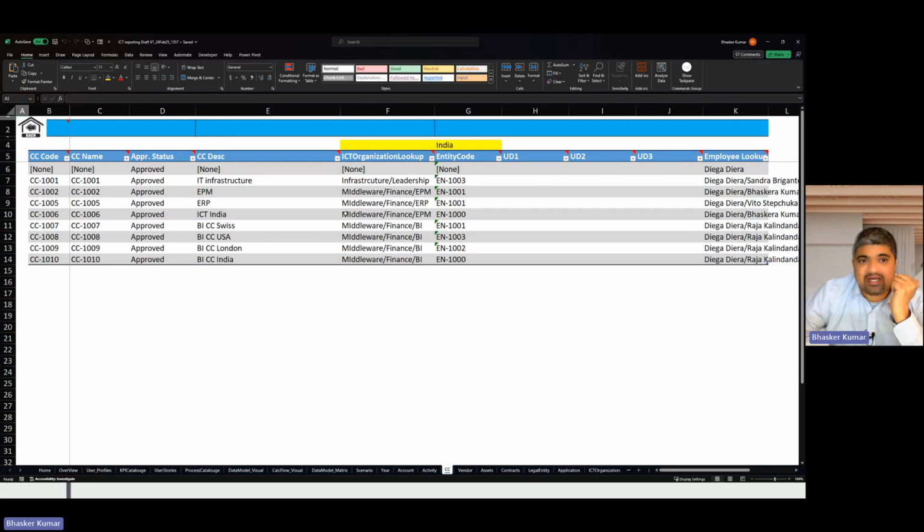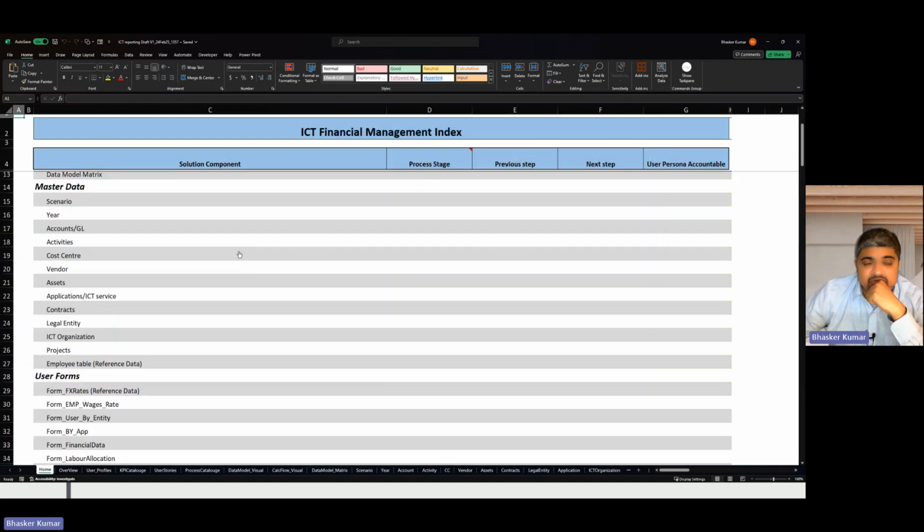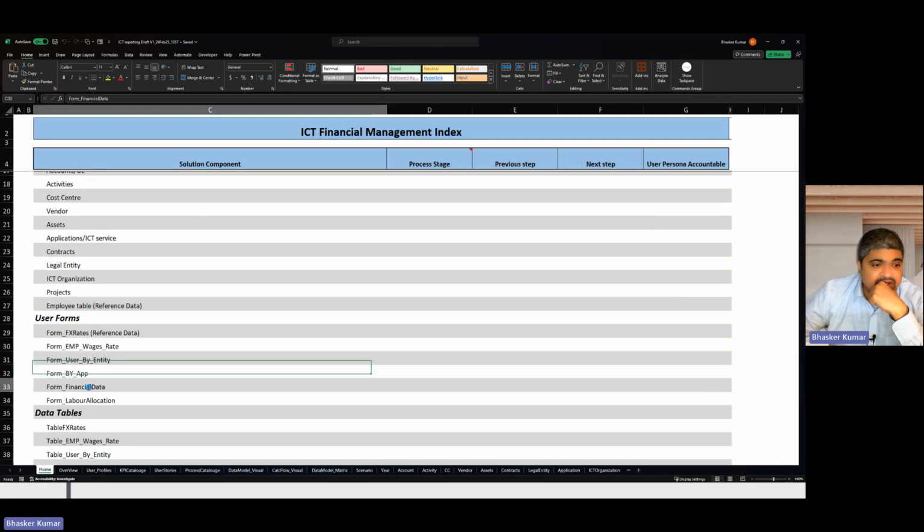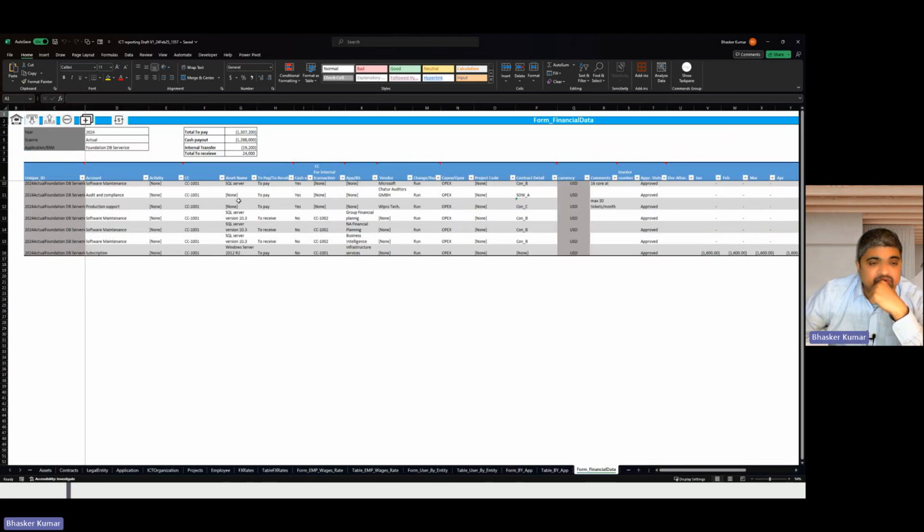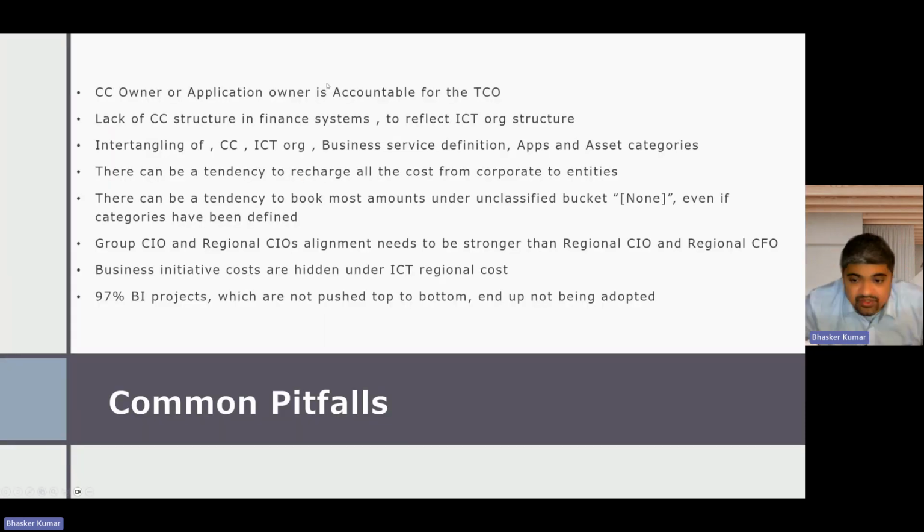So is ownership by cost center or by application, because every line here is mapped to an application name, a business service name? What is this business service? Ownership is by that. These are the questions which, if not clarified at the beginning of the project or at the beginning of how you are setting up your organization, can create trouble later.